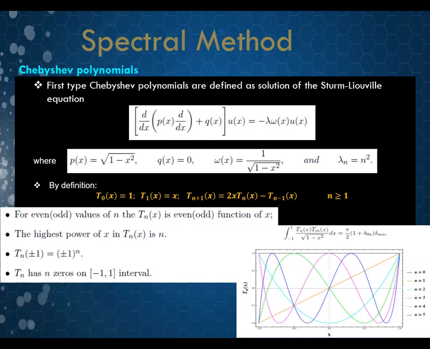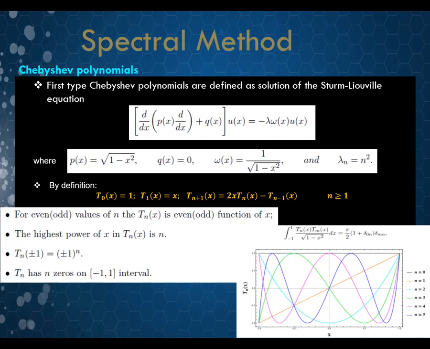Before talking about the implementation of the spectral method, it is useful to say something about the Chebyshev polynomials. The polynomial you select to construct the spectral series of the unknown function should be easy to compute, should be complete, and should have rapid convergence.